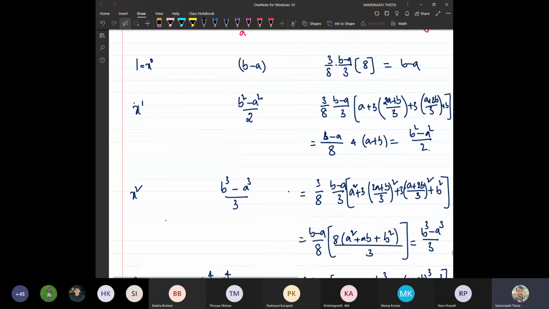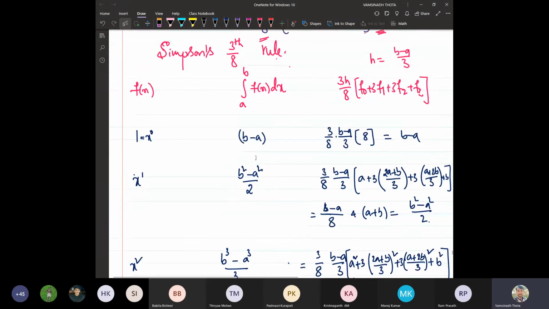Similarly, for polynomials of degree 1, particularly for x, the integration value is b square minus a square upon 2, that is fine.